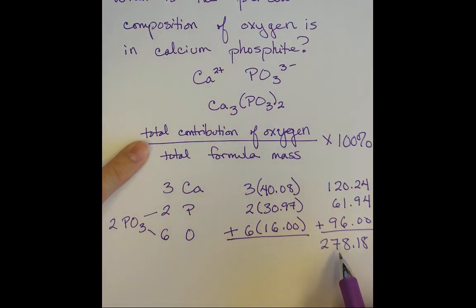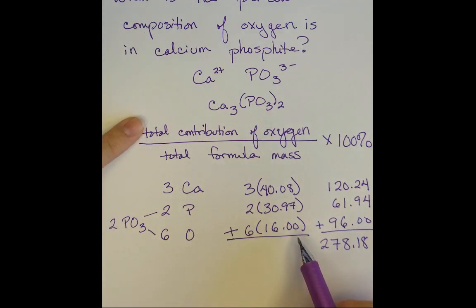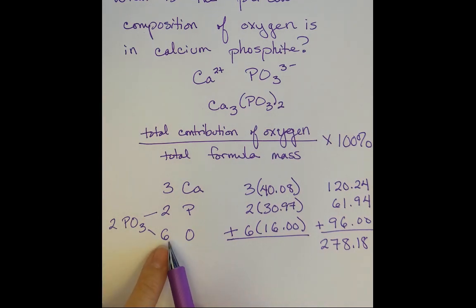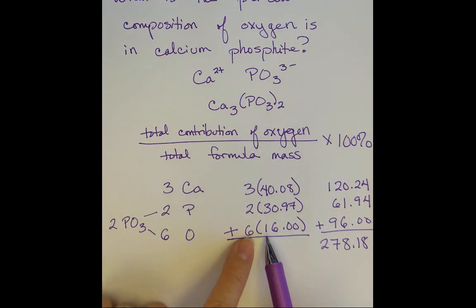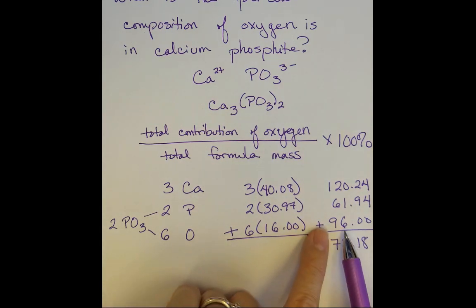Now the other thing I like about doing things this way is what I wanted on the top: that total contribution of oxygen. By thinking through the fact that I have 6 oxygens and that they have an atomic mass of 16, my total amount of oxygen is going to be this 96 number. This then becomes my numerator.